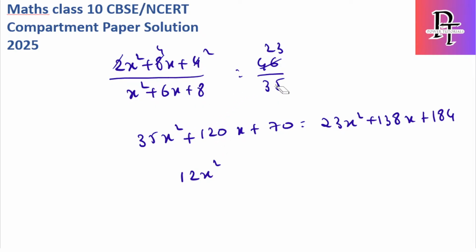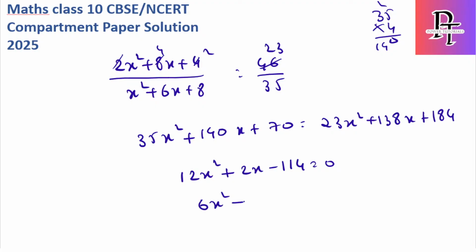Let me check the calculation: 35 into 4 is 140. So let's divide by 2. I will get 6x square plus x minus 57 is equal to 0.